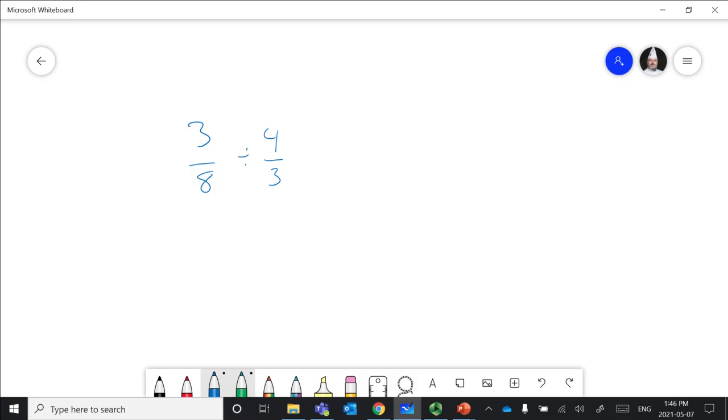So we need to take 3/8 multiplied by 3/4. See how we inverted that 4/3, right? So now we end up with 9/32. Right? 3 times 3 is 9, and 8 times 4 is 32.